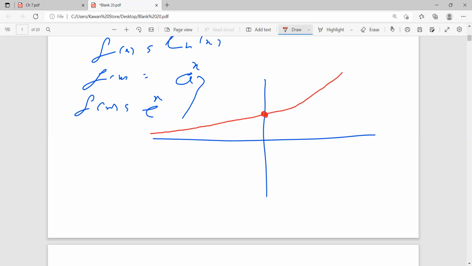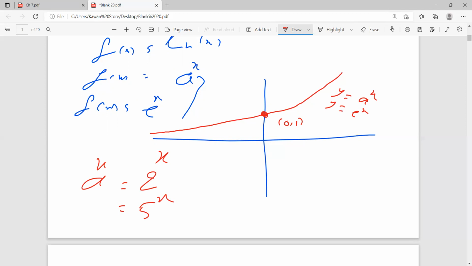The important thing here is that point. Do you remember ln? It was the reverse of that one. So the important thing here is that when x is 0, y is 1. That's the function. This is true for a to power x, and it's true for e to power x. When I say a to power x, I mean something like 2 to power x, like 5 to power x, understood?